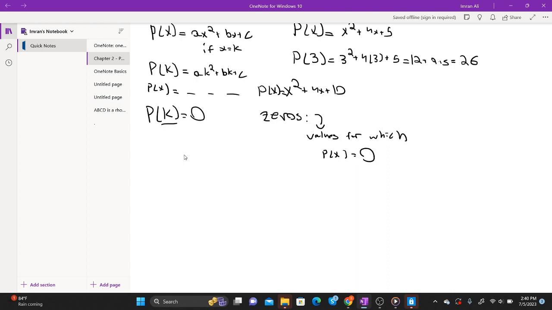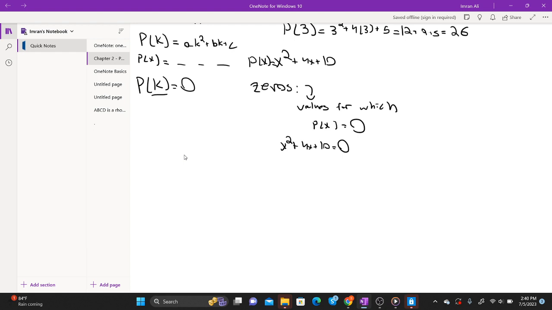You can use k, but whatever. So p of x equals 0. That's basically x squared plus 4x plus 10 equals 0, and we need to solve for x. The values of x that make this equation true are the zeros.